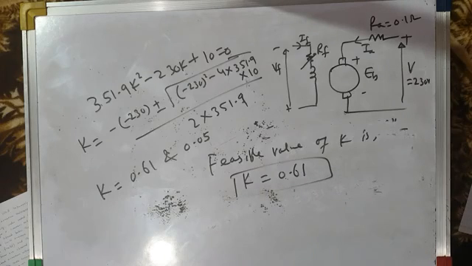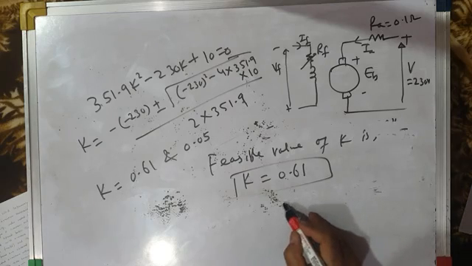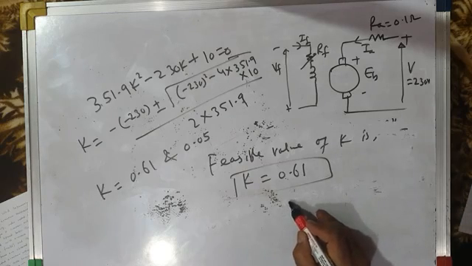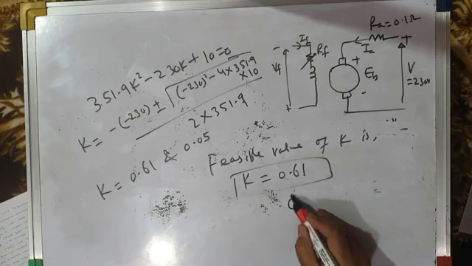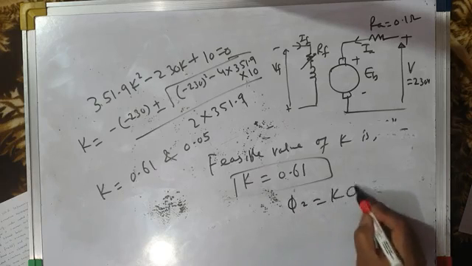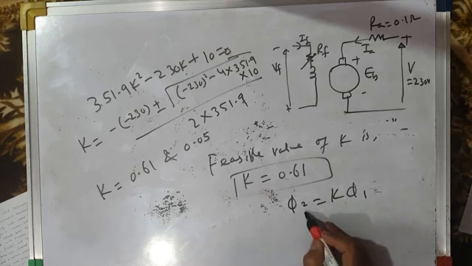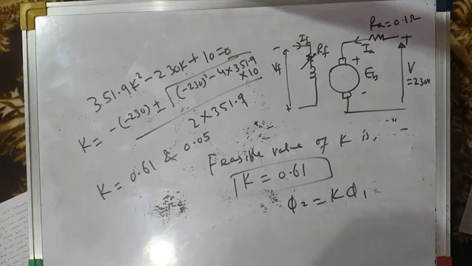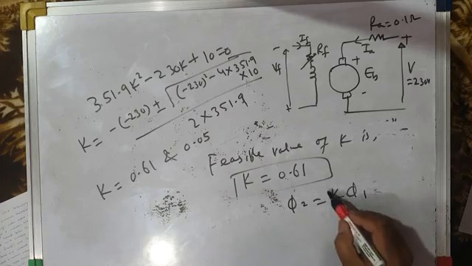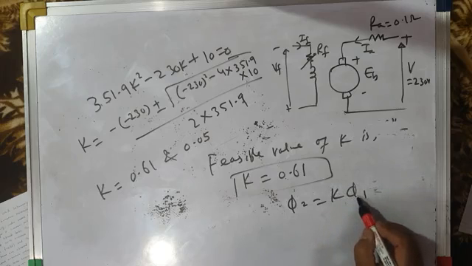And we already know what K is. What is phi 2 by phi 1? Earlier we had written that phi 2 is equal to K times phi 1. If phi 1 is the rated flux, phi 2 you have to reduce in order to increase the speed from 500 rpm to 800 rpm. So by what amount are you reducing this flux?